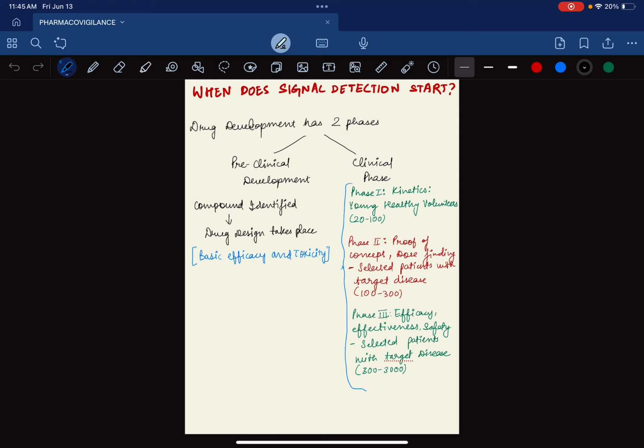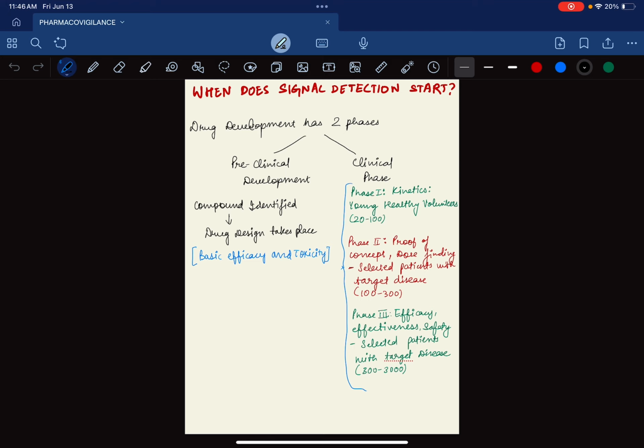Whereas, if we talk about the clinical phase, there are a few phases listed, which includes phase 1, in which there are young healthy volunteers ranging from 20 to 100 and the pharmacokinetics is studied. In the second phase, there is the proof of concept, dose finding, and selected patients with the target disease. The range is 100 to 300.